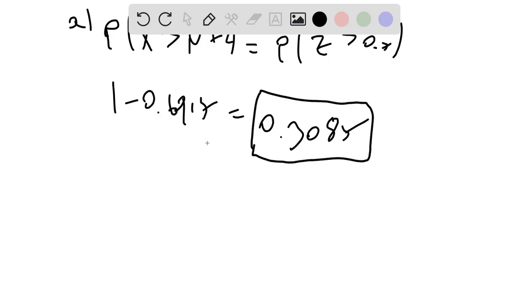Then for part B, we want the sample mean more than 3 hours below the population mean. So we want the probability that mu minus X bar is greater than 3.